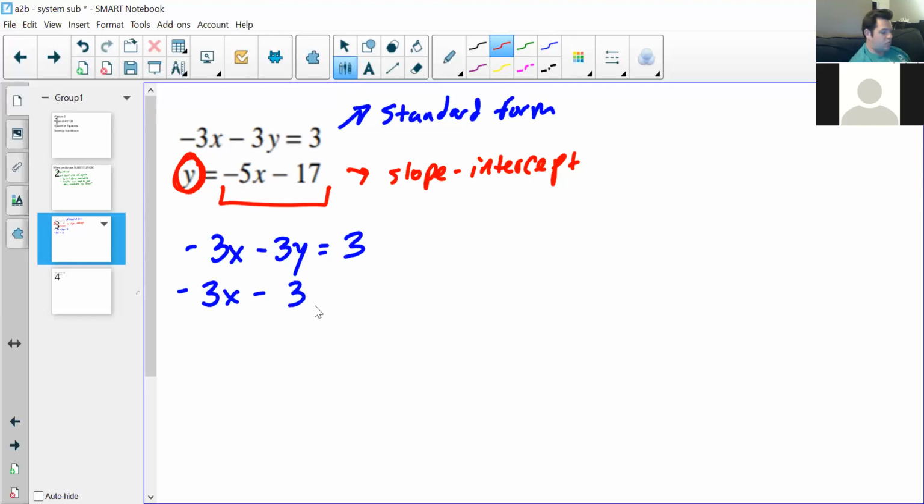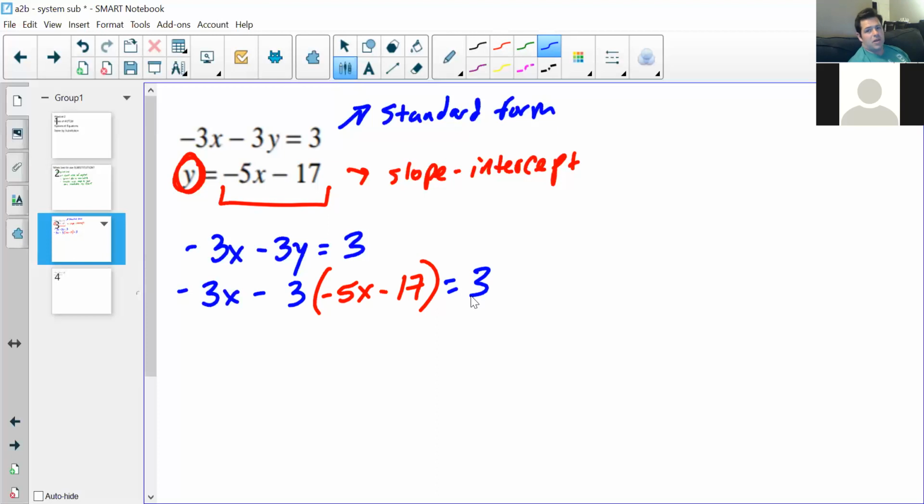You know me, I like to use parentheses when I plug things in. So I'm going to use parentheses here, and I'll plug in negative 5x minus 17, which was what was equal to y in the second equation. And then I'm back to rewriting out the first equation, and I have to put that equal to 3 on the back end.